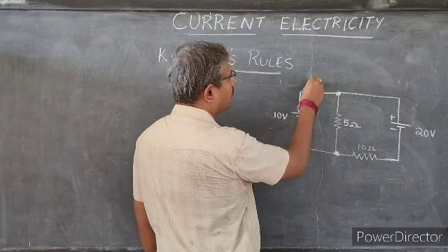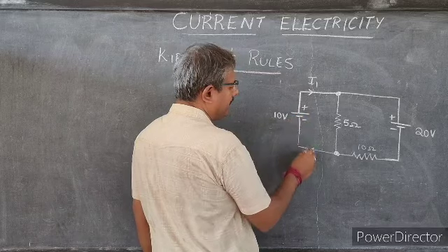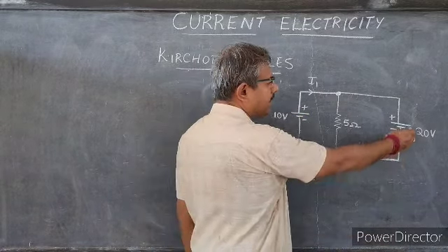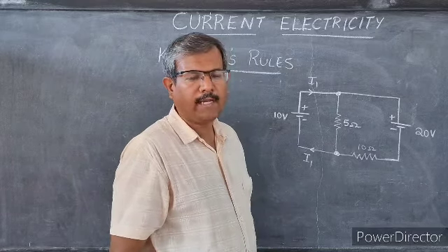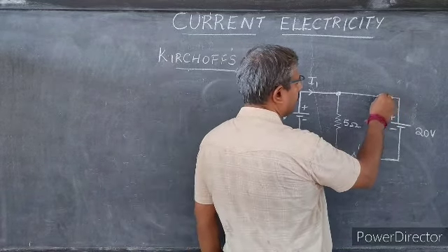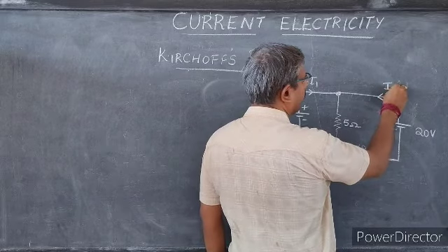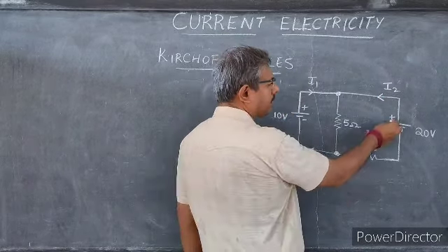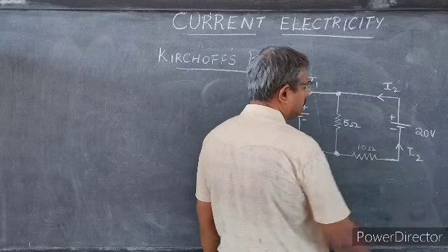So I1 flows out of the positive terminal of the battery and re-enters the negative terminal of the battery. Similarly, let's assume that the battery of 20 volts produces a current I2. It again exits out of the positive terminal and enters back at the negative terminal.